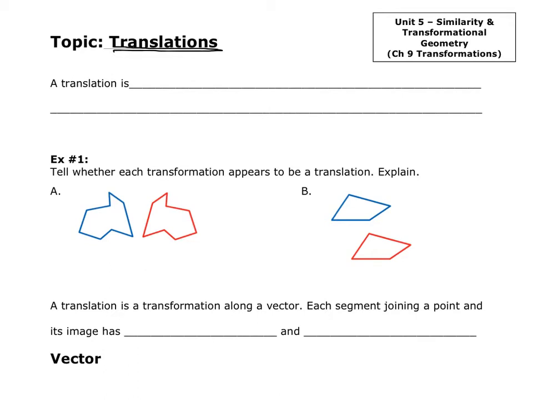Okay, so a translation, you're going to write the definition down.